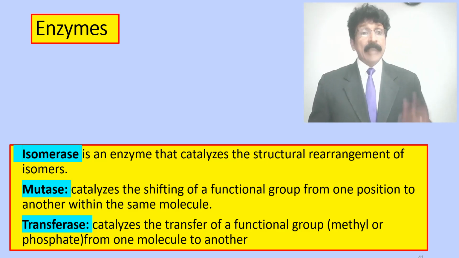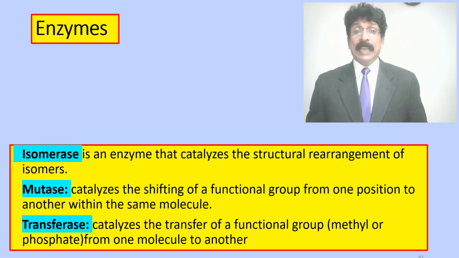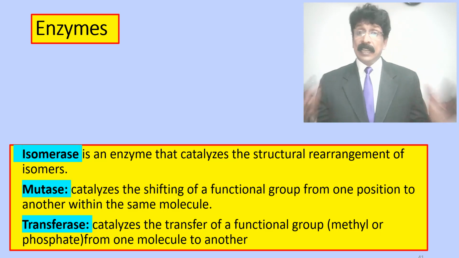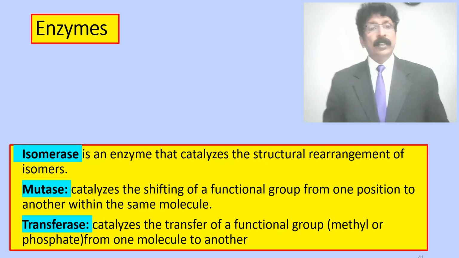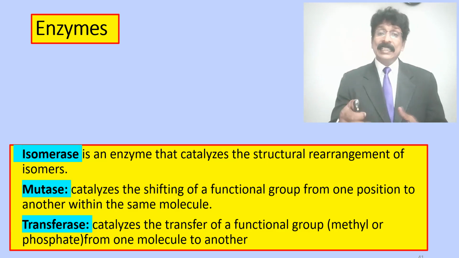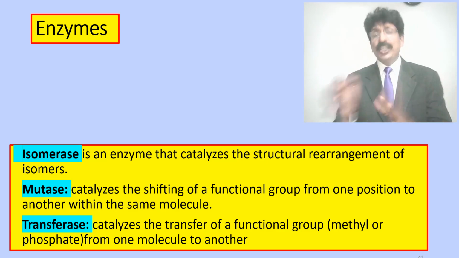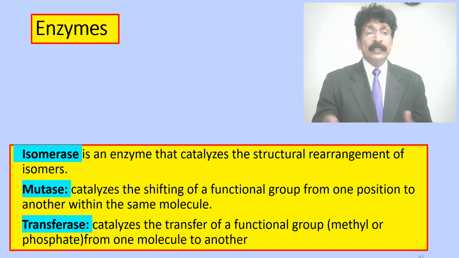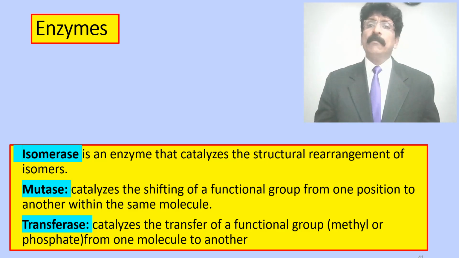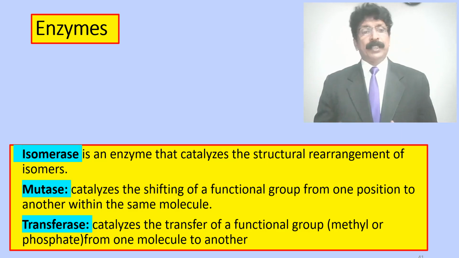Isomerase is an enzyme that catalyzes the structural rearrangement of isomers. Mutase catalyzes the shifting of a functional group from one position to another within the same molecule or the same substrate.